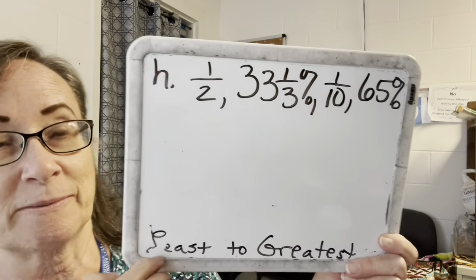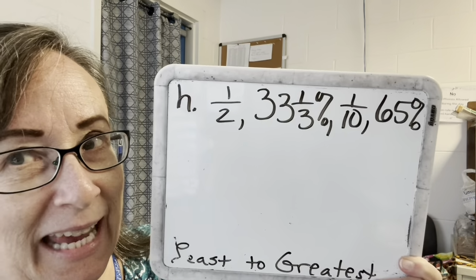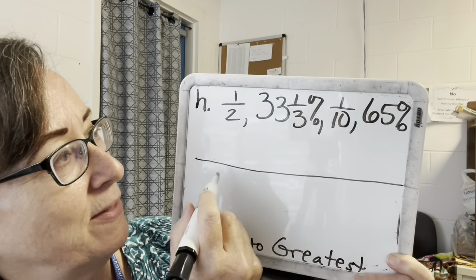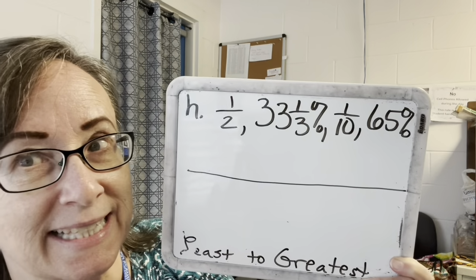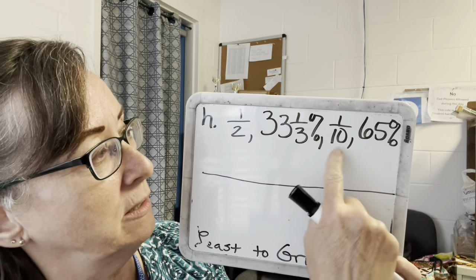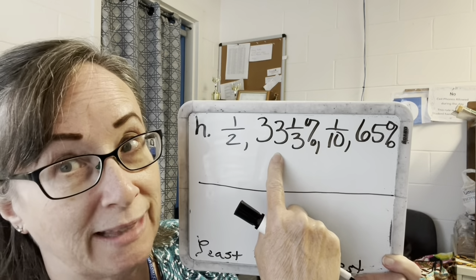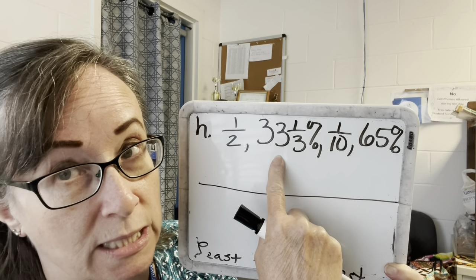All right, let's look at this one. This one's a little bit trickier because we have fractions and percents mixed together. Okay, so sometimes maybe on this one it would be easiest to make a number line and think about this a little bit. Okay, so I know that all of these are less than 1. That's a proper fraction, a percent that's less than 100%, therefore it's less than 1.